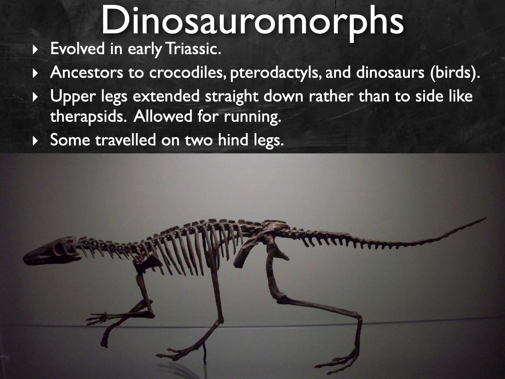But these things are fast movers. They've got legs directly underneath the hips, and they can probably move. Some of them most likely even got up on two legs and moved around. So dinosaur morphs give rise to the three groups: crocodiles, pterodactyls, and the dinosaurs, which includes the birds.